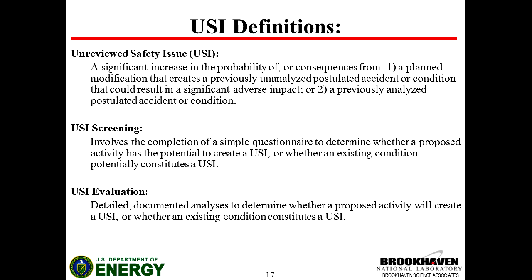If it goes through here and it's positive, you don't have a USI yet, but it's a potential USI because you said yes to one of the 8 questions, not you, but a screener. It then goes to the evaluator, who really, as Steve alluded to, takes a closer look, has to get SMEs involved, has to do calculations, and find out, in fact, do we have a positive USI right here?